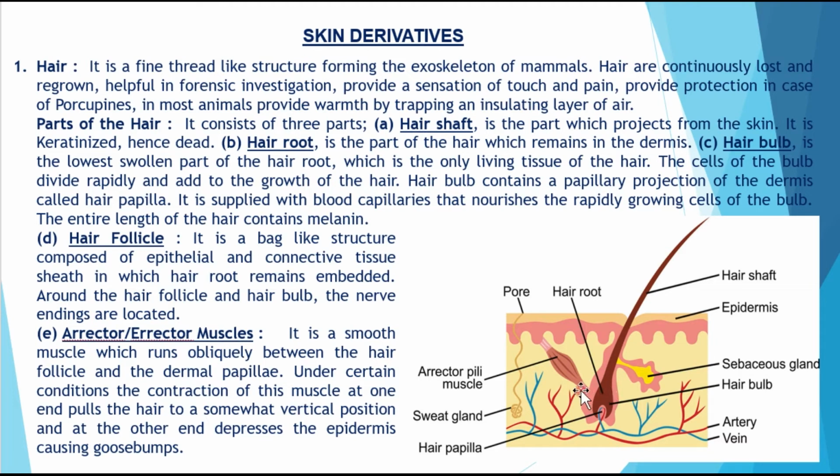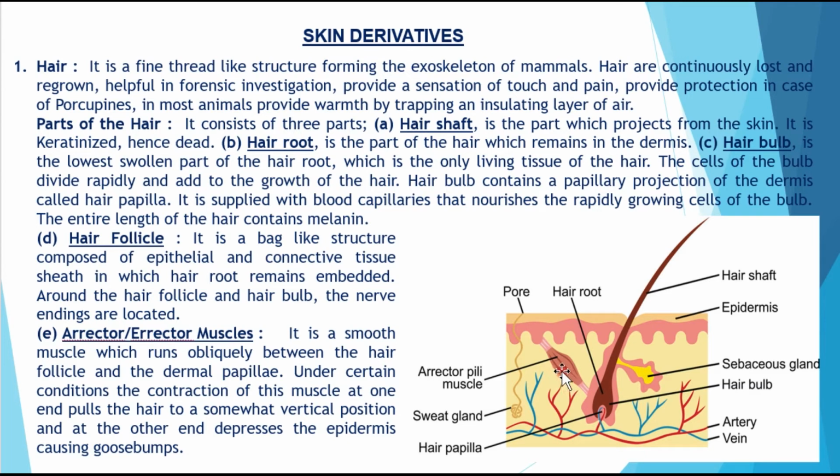Now, the hair is also attached to the arrector pili, which is mentioned here. It is the arrector or erector muscle. It's a smooth muscle which runs obliquely between the hair follicle and the dermal papillae. Under certain conditions, when you feel scared or you feel cold, what happens?